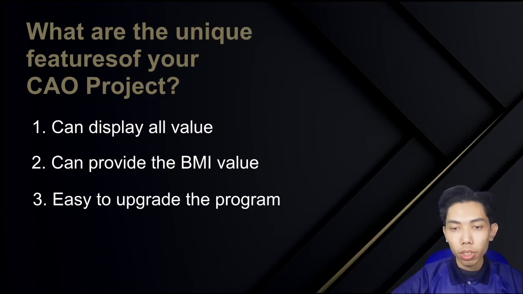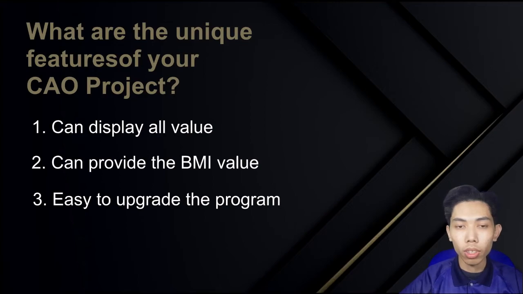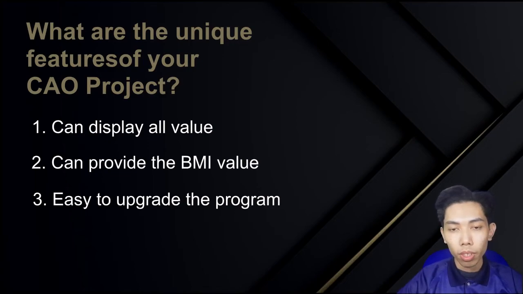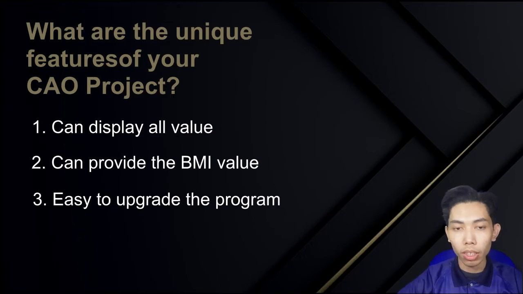Number 3 is that it is easy to develop and to understand the program, and easy to upgrade the system to become more complex. This is because the coding that we provide is a simple one, and the developer can upgrade the system to be more complex and reliable.